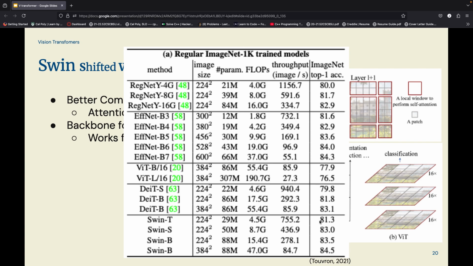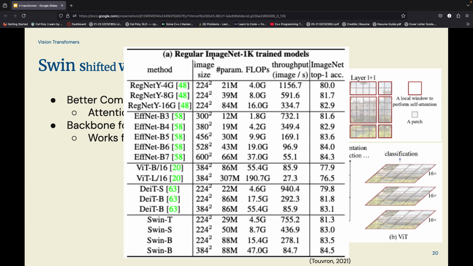As you can see, it performs a lot better than the original vision transformers, and it's slightly better than the DEIT transformer, and it is quite on par with state-of-the-art convolutional neural networks.